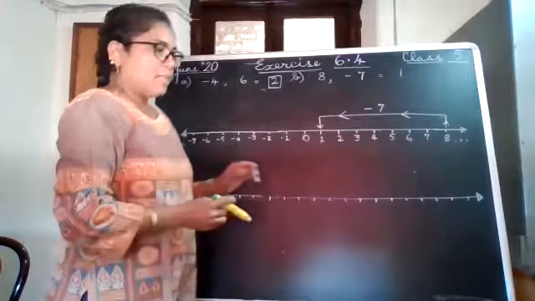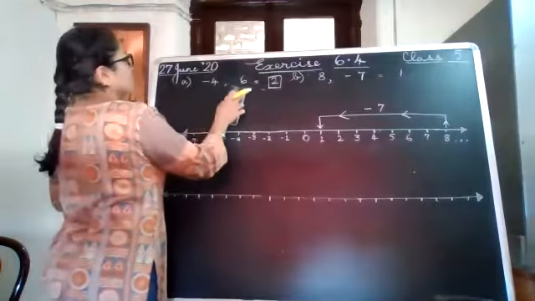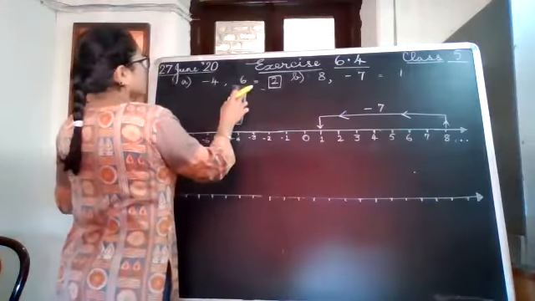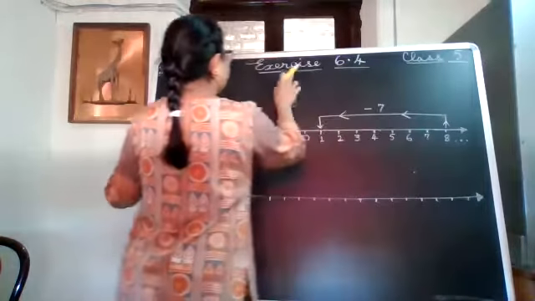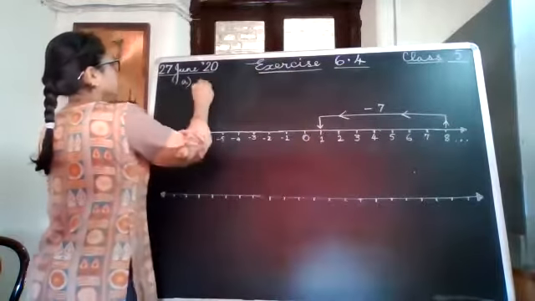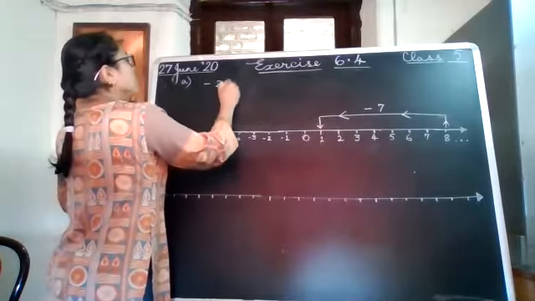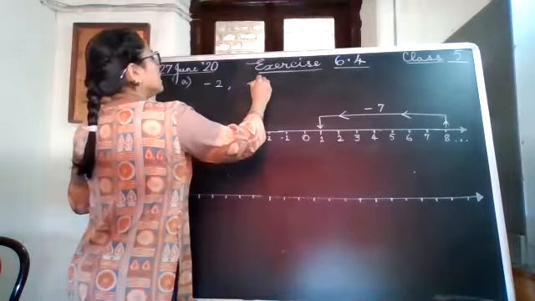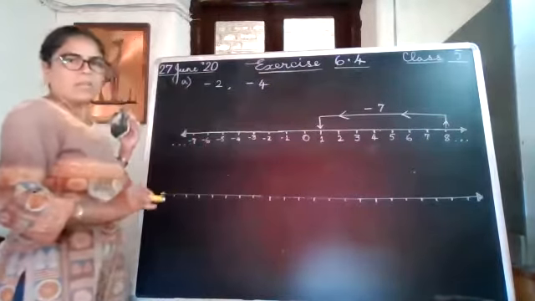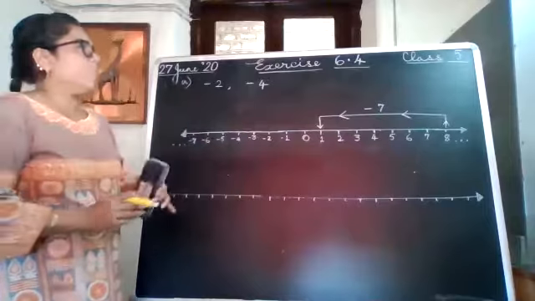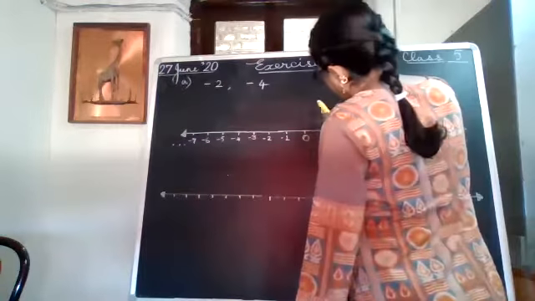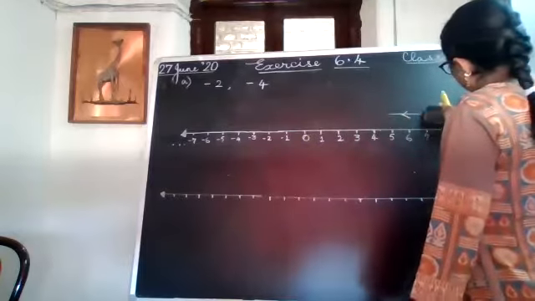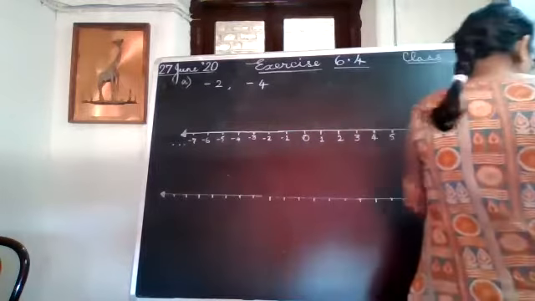Now let me take an example wherein both the numbers are negative. Say for example, this is -2 and then it is -4. Okay. So both are negative. Then what will we do? Now I told you whatever is the first number, you can straight away go to that number on the number line.